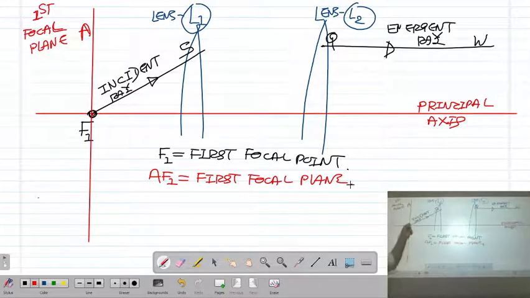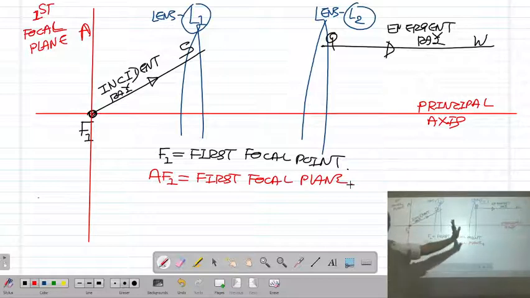So F1 is called the first focal point, and the plane passing through the first focal point F1 and perpendicular to the axis, which is AF1, is called the first focal plane. I define what the first focal plane is.